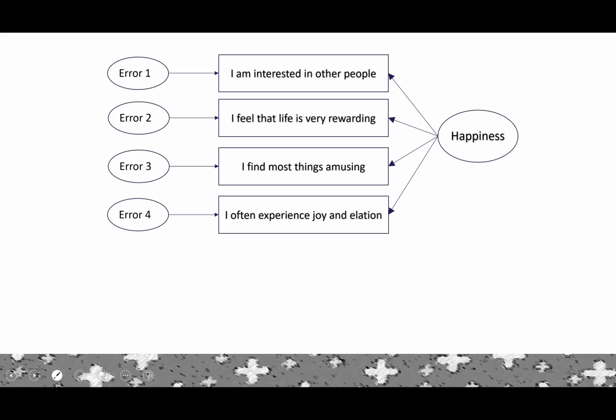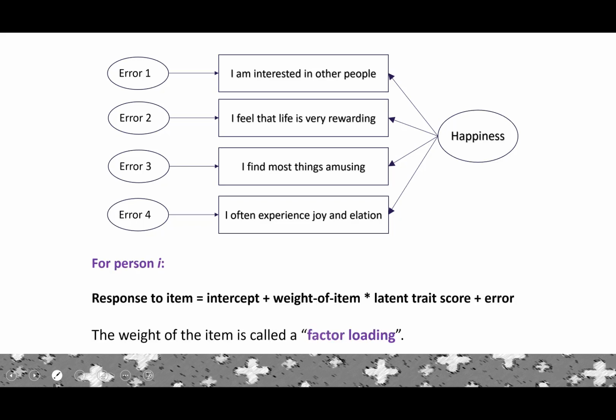When you look at this diagram, you probably see all of these straight arrows here and all of these other straight arrows here, because this depicts a linear relationship, just like linear regression does, which is what we saw in a previous video. So for a person i, their response to an item is a function of the intercept plus their latent trait score, but only to some extent.